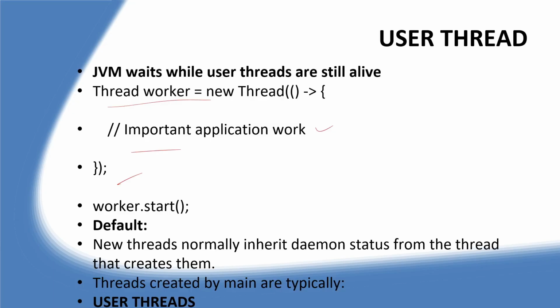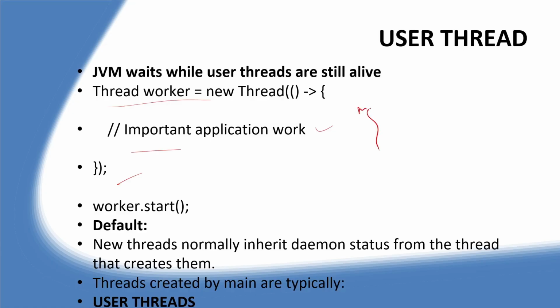A useful detail is that a newly created thread, this worker thread, inherits its daemon status from the thread that created it. Since the main thread is normally a user thread, threads we directly create from main are user threads by default. I hope you understood.